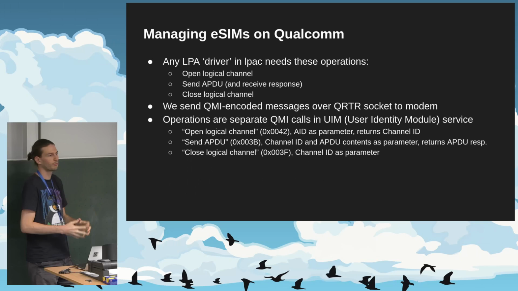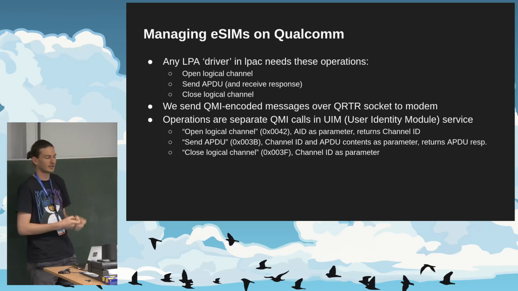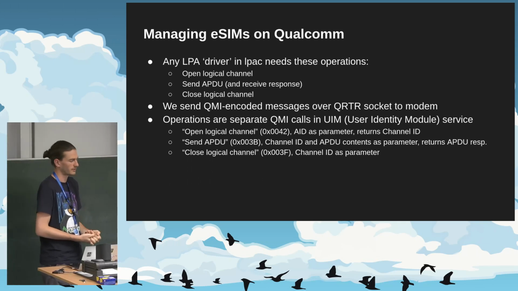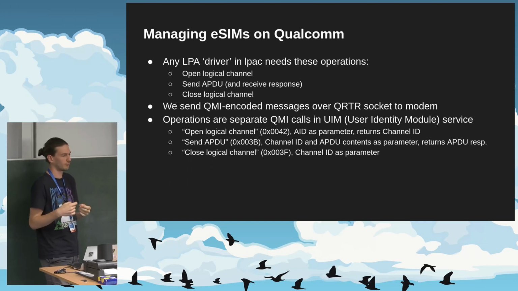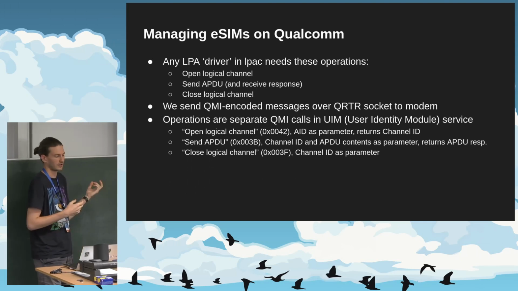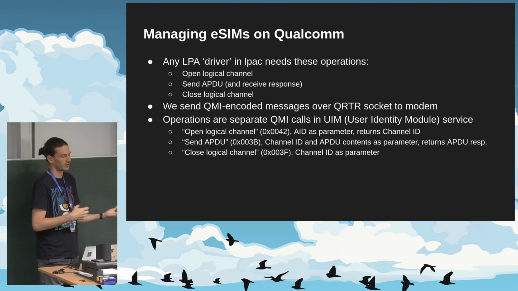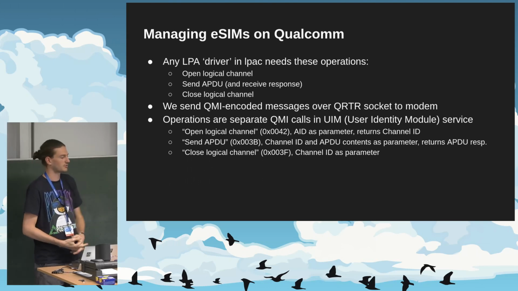So for example, the open logical channel call, it's 0x42. It has some parameter, which is the AID, the application ID, I think, which from the LPAC side is always a fixed string, which is the ID of this eSIM management application on the SIM card. And then this QMI call returns back the channel ID, which you can then use for the next call, which is send APDU, which has ID 0x3b.